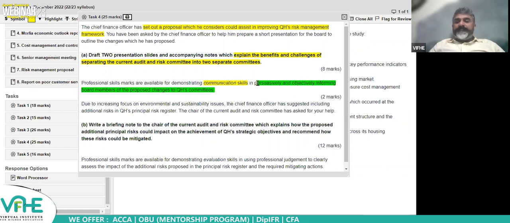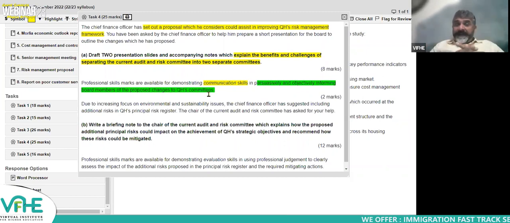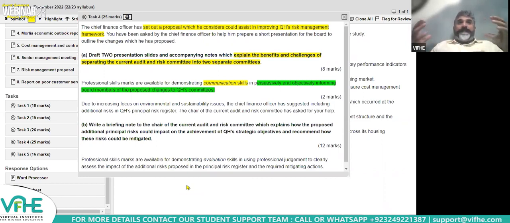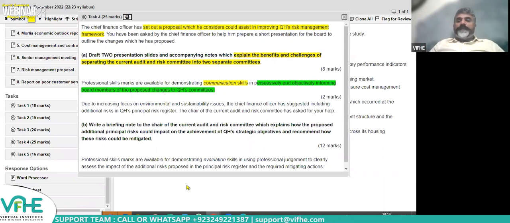Communication skills in persuasively and objectively informing the board members of the proposed changes to the committees. So when you talk about the benefits and the challenges, you have to be convincing and to the point, and objectively share your thoughts. Clear? So obviously, when we talk about benefits, we will clearly draft our points, so nothing extra needs to be done.